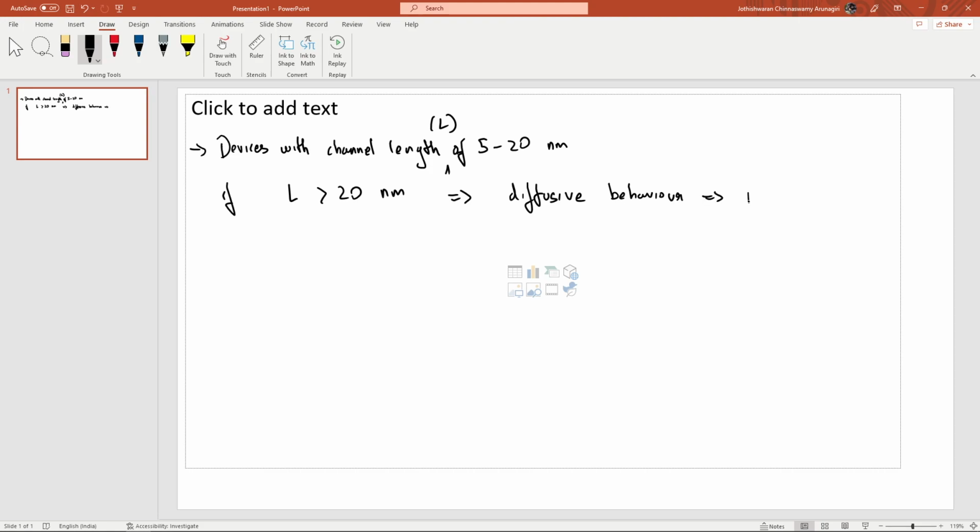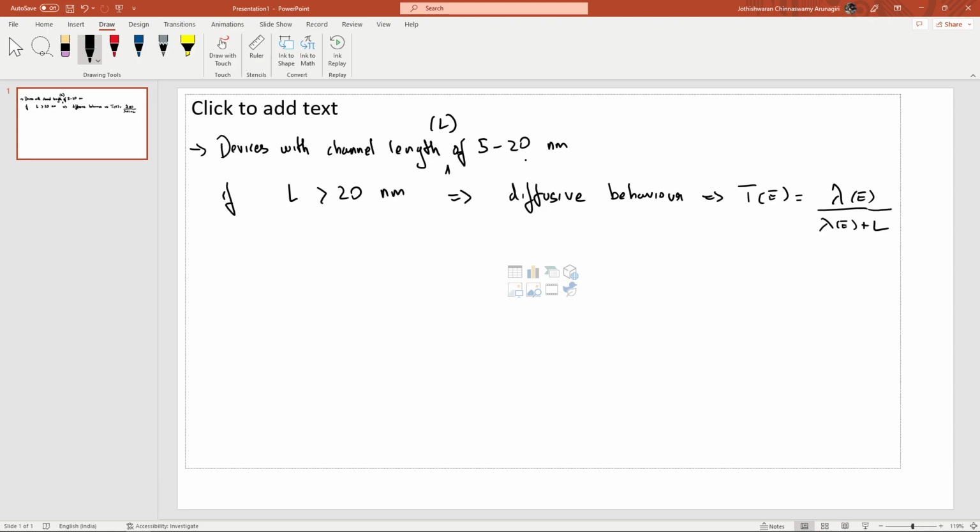If we have diffusive behavior, this implies that one has to evaluate the transmission coefficient, T of E, and T of E is given by lambda of E divided by lambda of E plus L. So the smaller L becomes, the closer the transmission coefficient comes to 1.